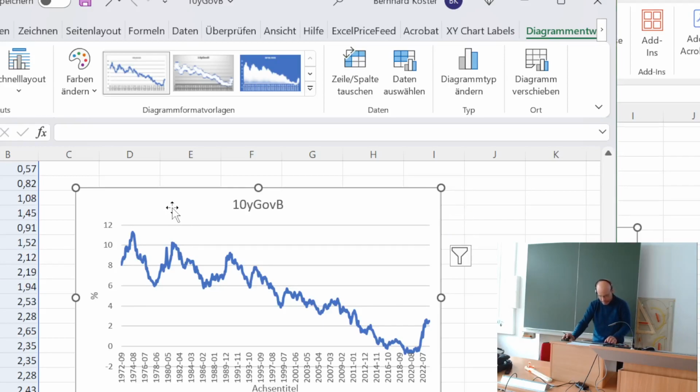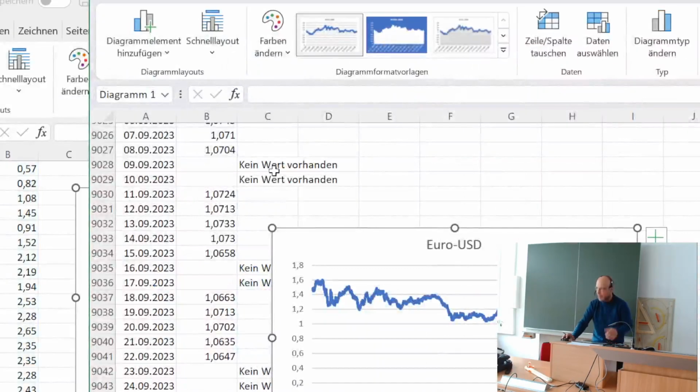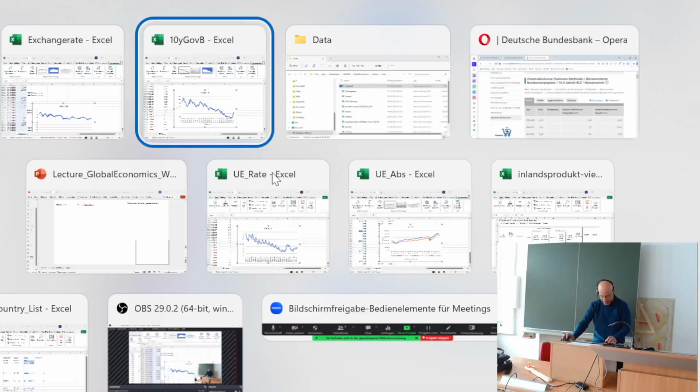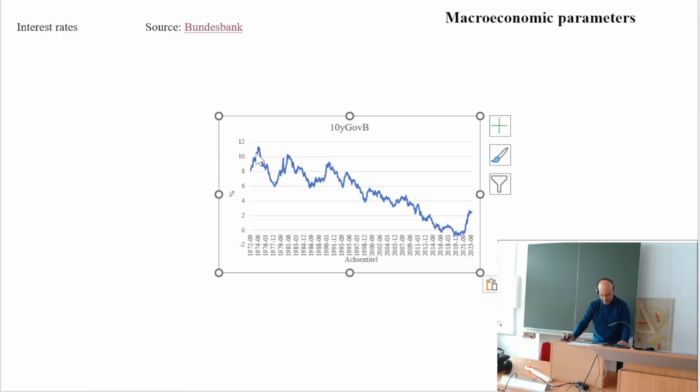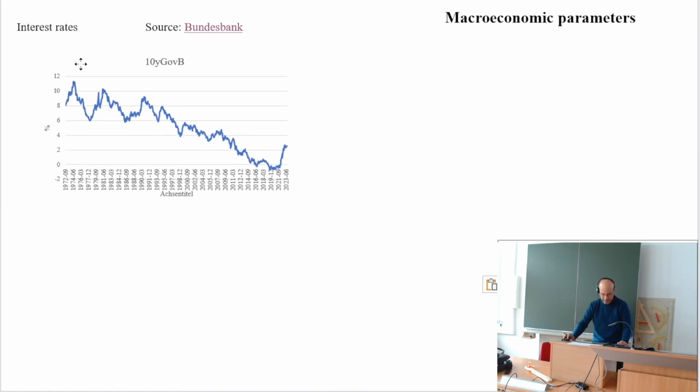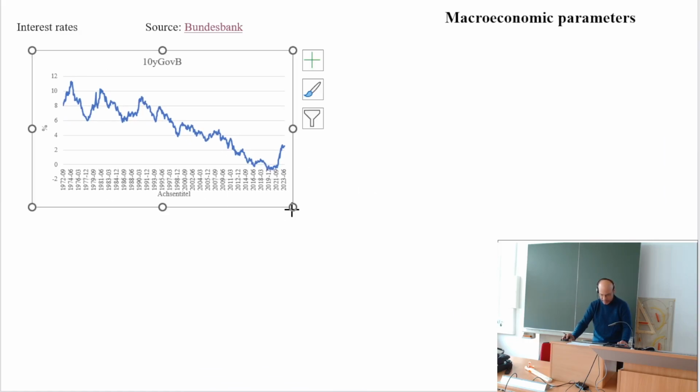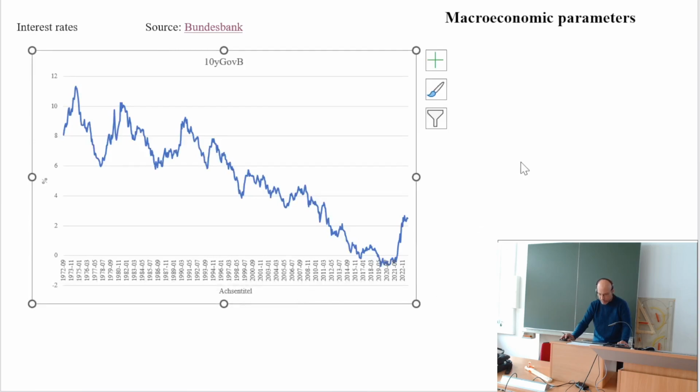And if you find really long-term data, then you are also welcome to interpret it, because this is actually quite interesting.